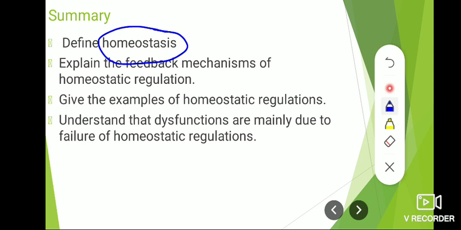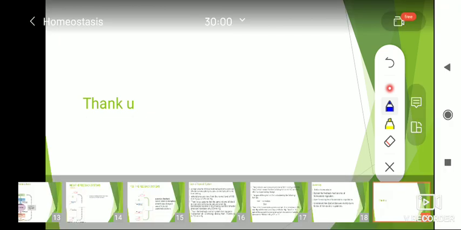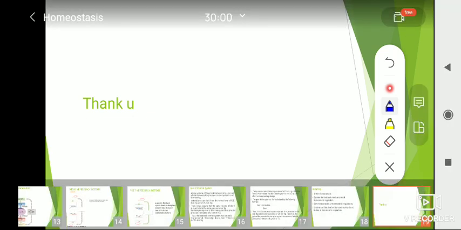For the negative, we have discussed the negative feedback mechanism of blood pressure regulation, and for the positive feedback mechanism we discussed the mechanism of cervical stretching and uterine contraction. And dysfunction of this will basically lead to diseases, and we have to find out what is the cause of this. So here we are finishing today's talk on homeostasis.